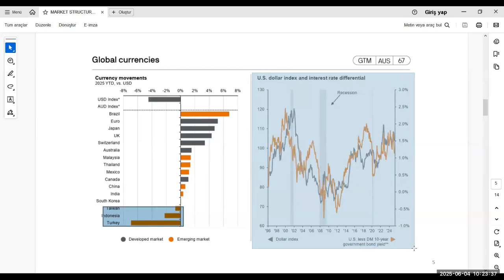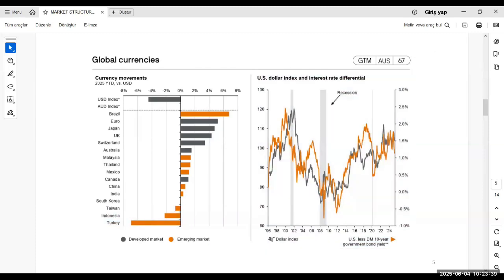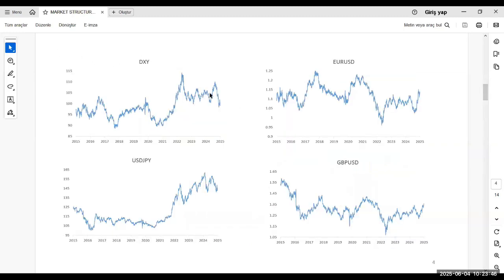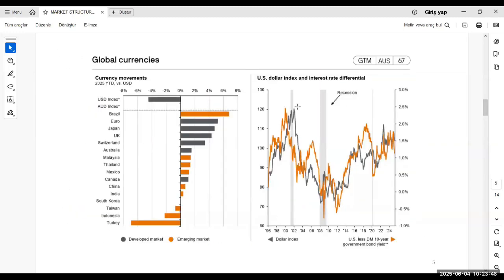On the right hand side, please look at the definition. The black line is showing the dollar spot index, this one here. And the orange line is showing the US 10-year treasury yield minus the developed market 10-year government yield. And as you see here, they have almost exactly the same volatility and movement.